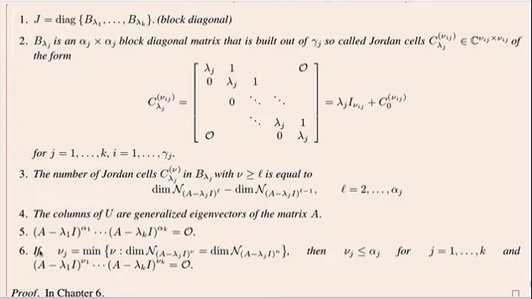And we also have that if we denote with mu j the smallest mu such that the dimension of the null space of A minus lambda j I to the mu equals the dimension of the null space of A minus lambda j I to the n, then this mu j is less than or equal to alpha j for all j going from 1 through k. And we also have for these mu j's that A minus lambda 1 I to the mu 1, ..., A minus lambda k I to the mu k equals 0.